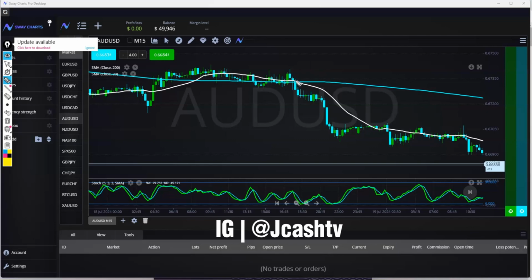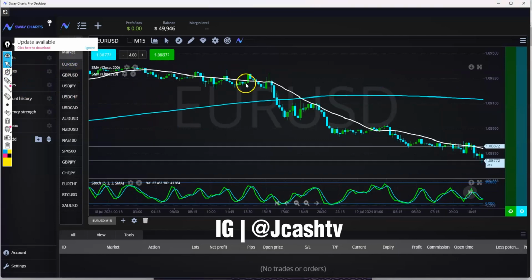So you could also go back 2 candles if you wanted to, right? You enter here, 1, 2, same zone, right? And it works on all sides, though. So if I click on EURUSD, same thing. Look at this.